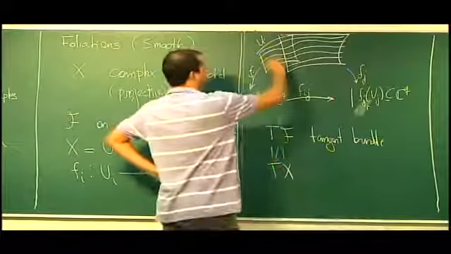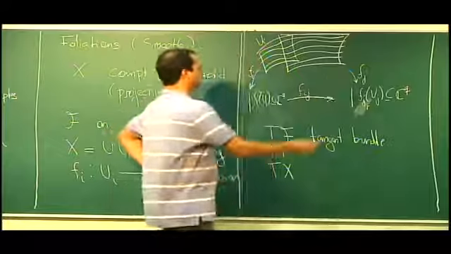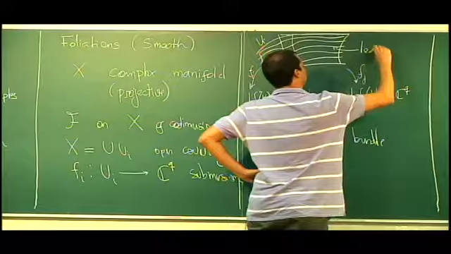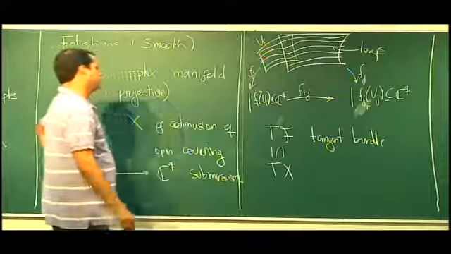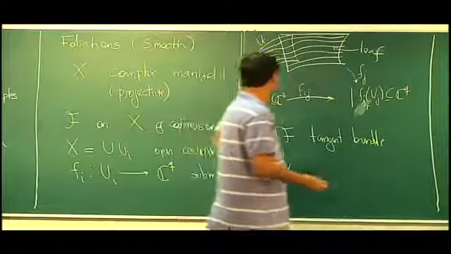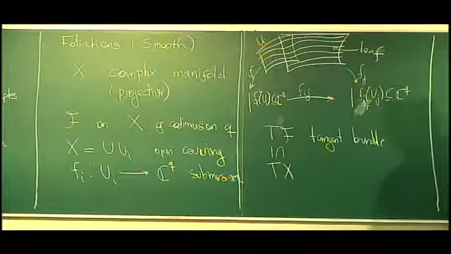So these level sets can be analytically continued to form the leaves of the foliation. And the tangent bundle is the collection of tangent spaces of these leaves. So this is a holomorphic subbundle of T_X.